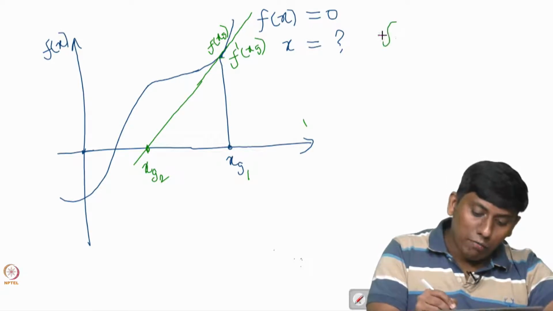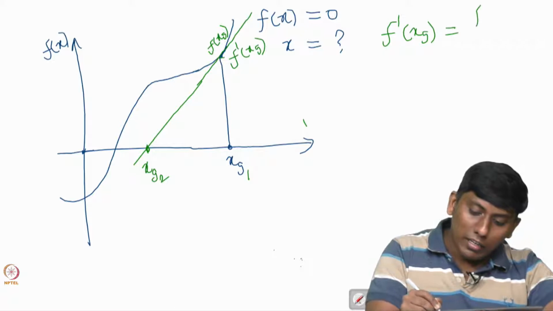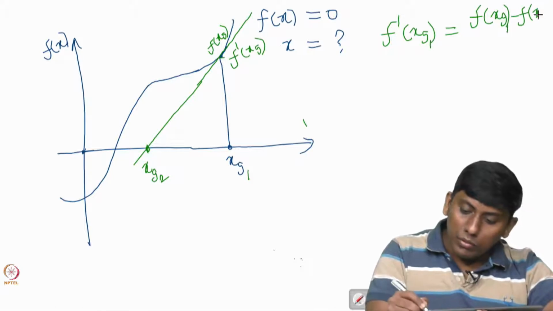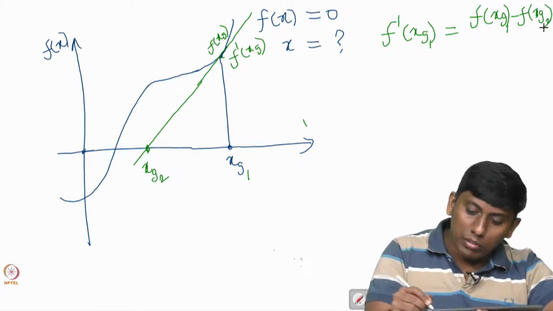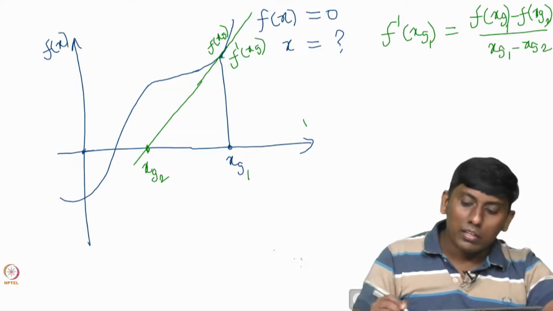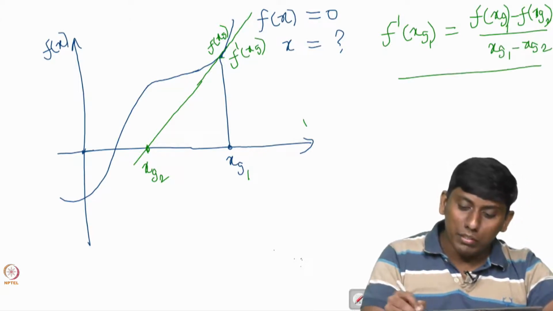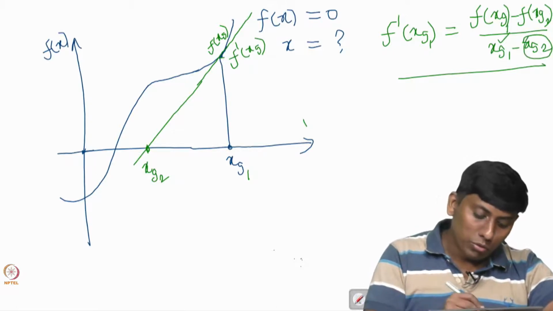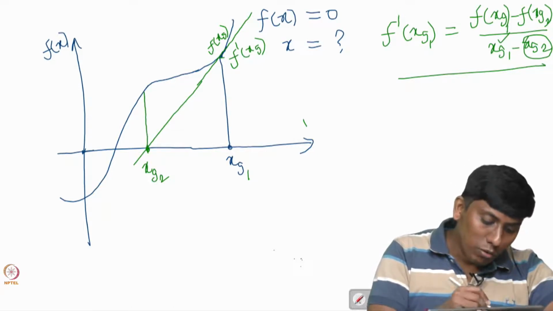So, f dash of x g can be written as f of x g divided by x g 1 minus x g 2. This way I can find, from what I know, x g 1, the value x g 2. Now if I see here, another slope will come.